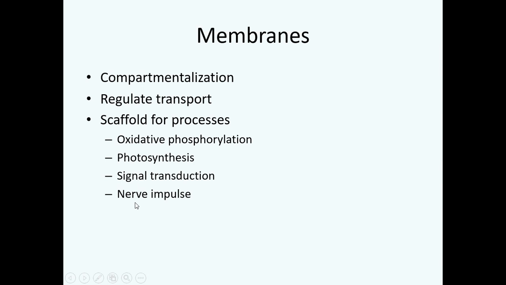The last process on this list is the transmission of nerve impulse. Transmission of nerve impulse is mediated in the form of electrical impulses, more appropriately electrical current. This electrical current is produced through the gradient of ions which are present on the outside and on the inside of the membrane of the neurons.